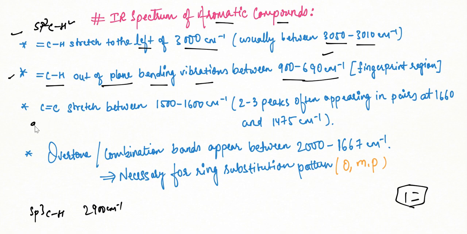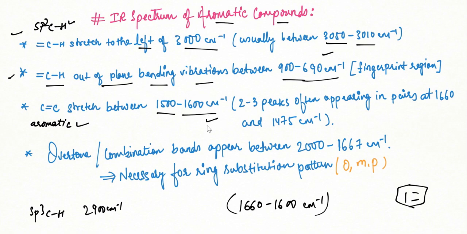Then the aromatic carbon-carbon stretching is between 1500 and 1600 cm⁻¹. For the isolated alkene we were talking about 1600 to 1660 cm⁻¹. But in the aromatic ring there is huge conjugation, so the conjugation has decreased the stretching value to 1500 to 1600 only.